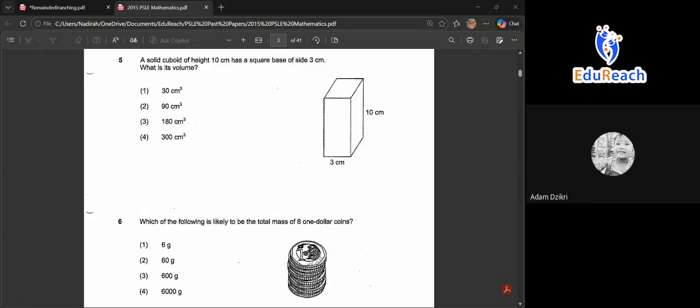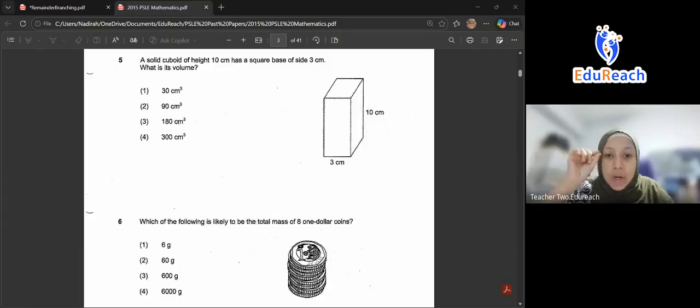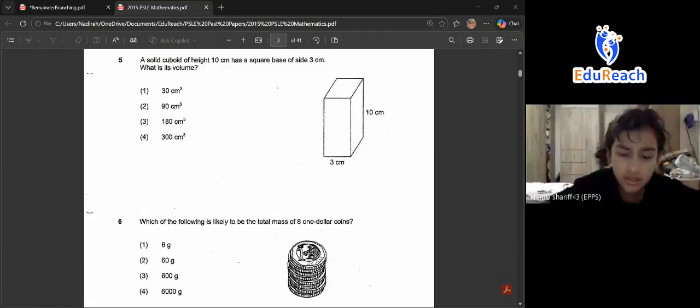How does 60 gram make sense? Okay, a $1 coin is quite heavy, right? So 60 grams is the answer. Cannot be 600. Like what Haula said, 600 grams is a little bit more than half a kilo. 1 kilo of flour is quite a big pack. One kg is 1,000 grams, and half a kg is 500 grams.